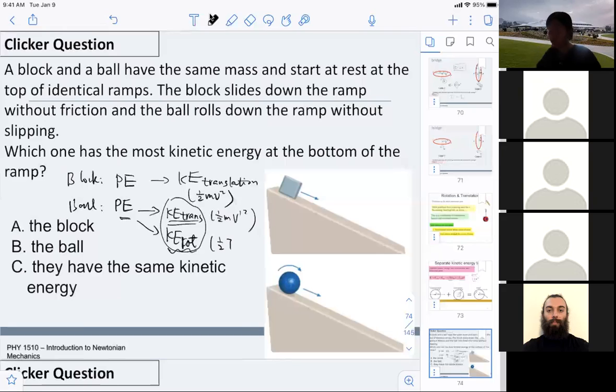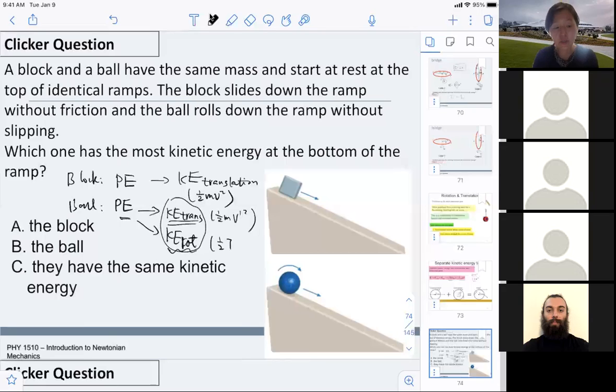But 1/2 mv squared for the block is a different value than 1/2 mv squared of the ball. Because the ball also has to rotate, the kinetic energy for the translation would not be as much as the block. It just has less energy to go to the translational motion. I hope that makes sense.